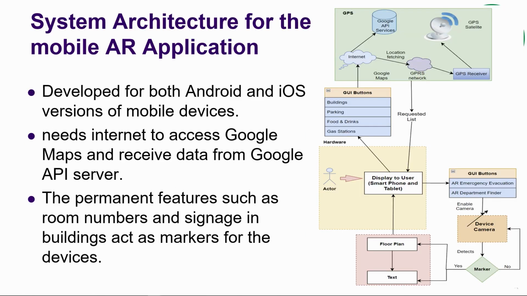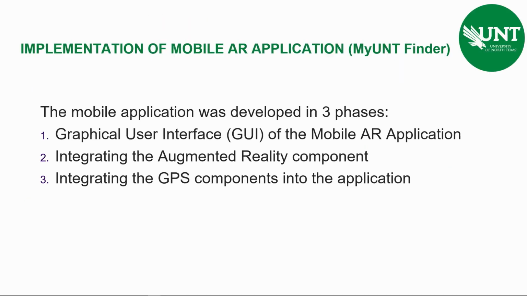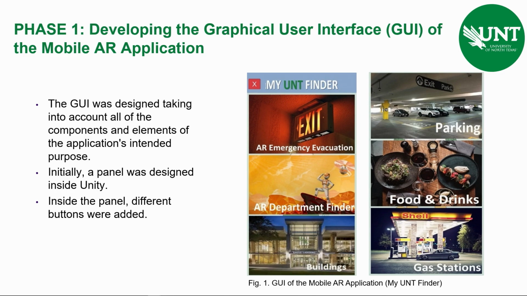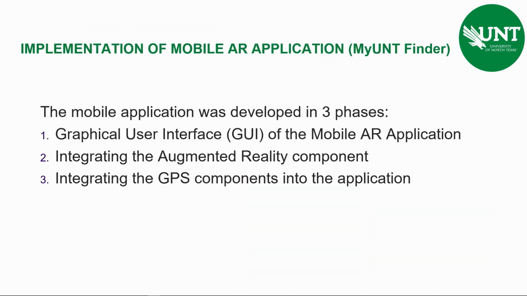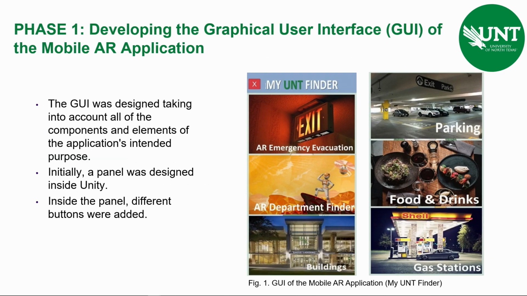This is the system architecture for the mobile augmented reality application. The implementation was done in 3 phases. You had a graphical user interface for the mobile application, then we integrated the augmented reality component, and then we integrated GPS onto it. This is the main screen for that application.